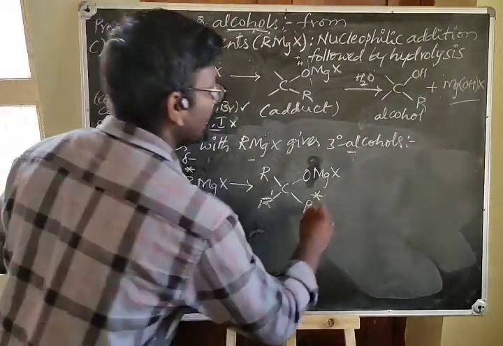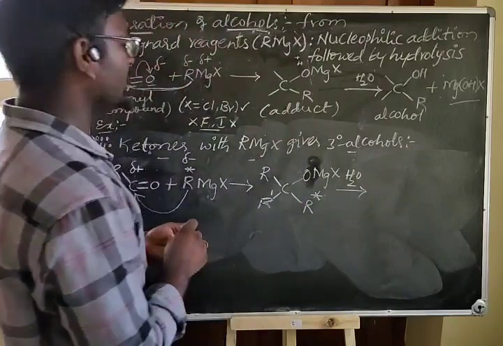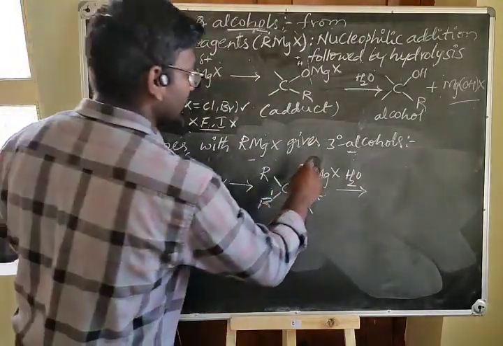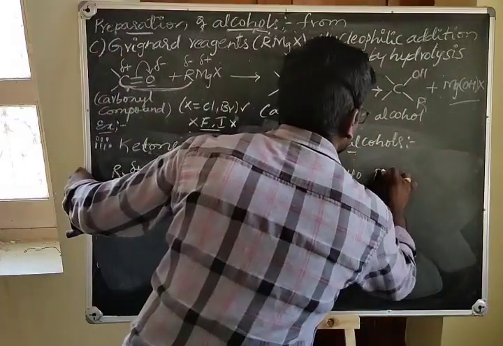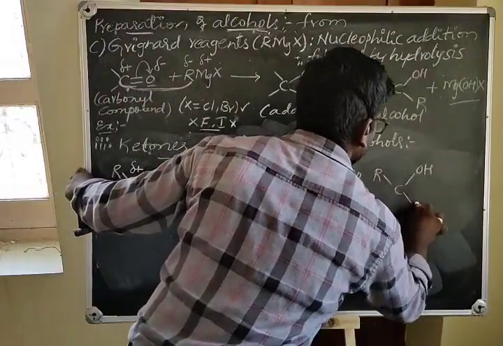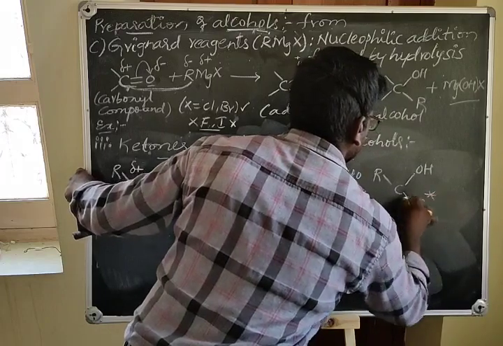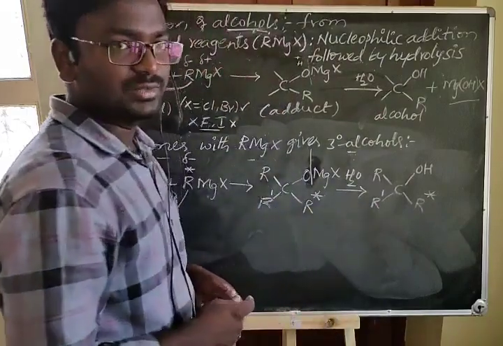When it is hydrolyzed using H2O, it will give the breakage of the bond here, and R–C(OH)(R star)(R dash). And there will be the byproduct as well.